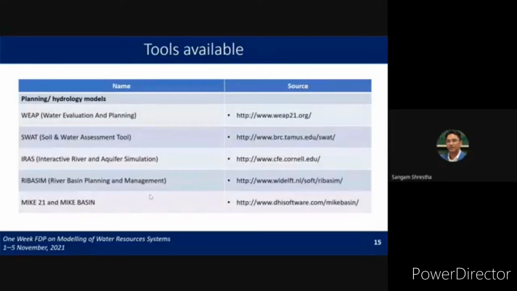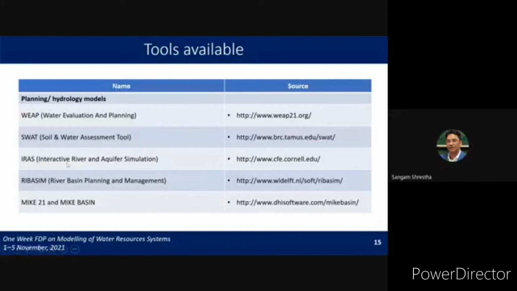These are the planning and hydrology models, such as the Water Evaluation and Planning model, also called the WEAP model, developed by the Stockholm Environment Institute. The Soil and Water Assessment Tool, SWAT, is developed by the USDA. I think in this faculty development program, you will be learning about the SWAT model and how to use it.